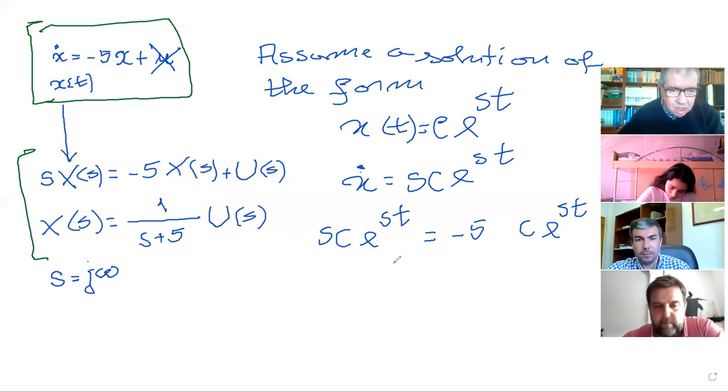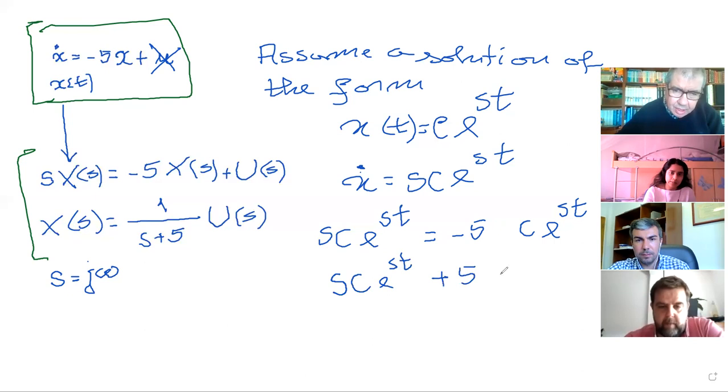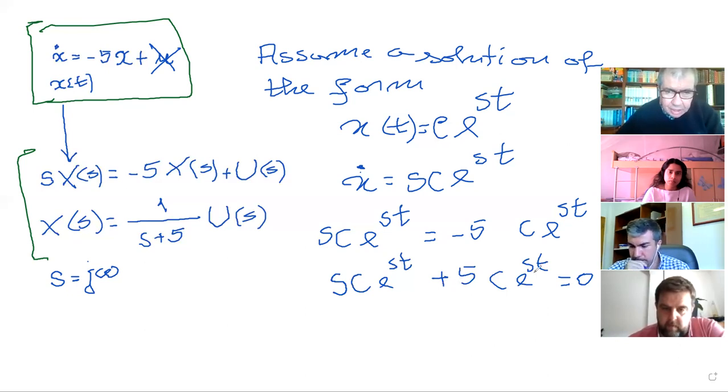Now I want to have a condition on s. So maybe I can write this in this way: s C exponential of st plus 5 C exponential of st is equal to 0. Now, conditions for s. How can I get a condition for s? How can I write this expression? I know that all this stuff is 0.